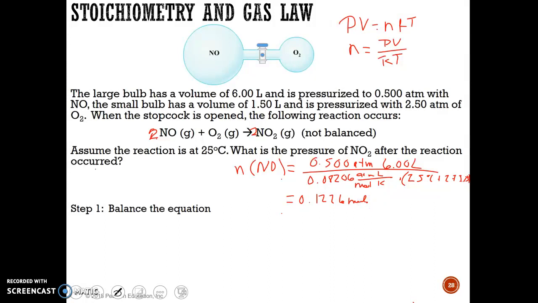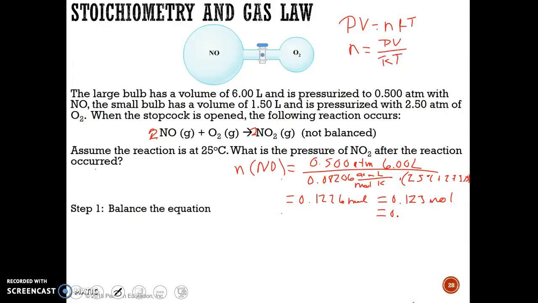Looking at the significant figures, once we add the 25 to 273, we're going to have at least 3 sig figs. So we say that this is equal to 0.123. Okay.